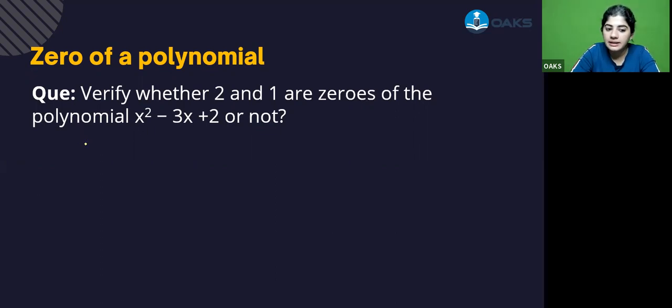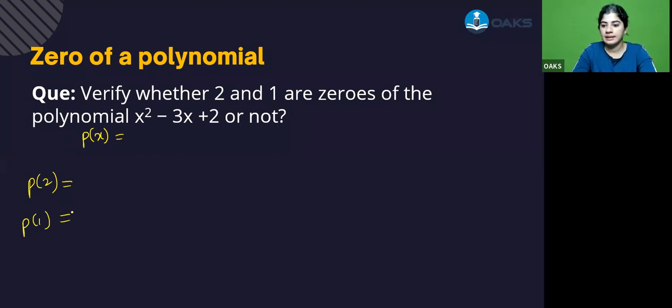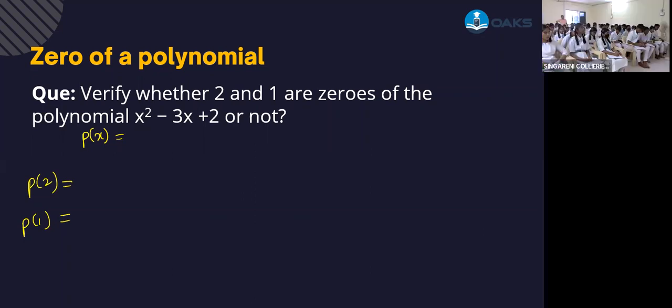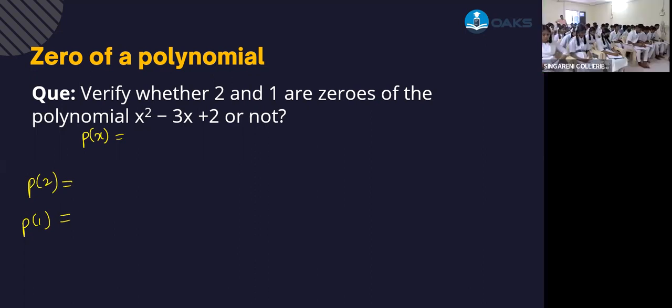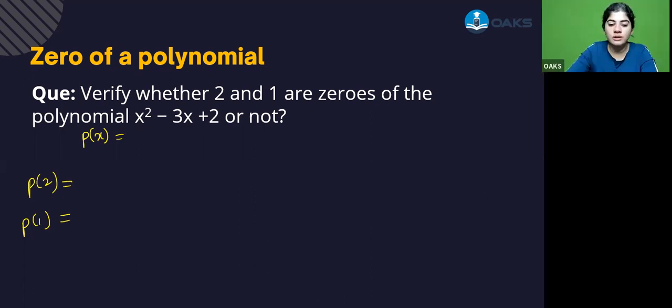So let's verify whether 2 and 1 are zeros of the polynomial this. You can name it like px, qx or whatever. You have to tell me p of 2 and p of 1. I'm giving you 1 minute. Find it for P1 also.